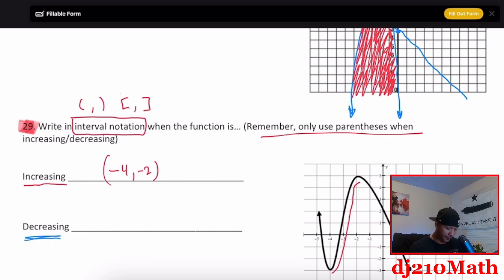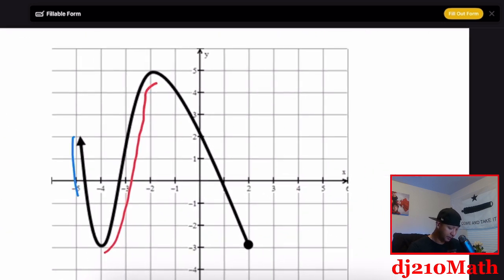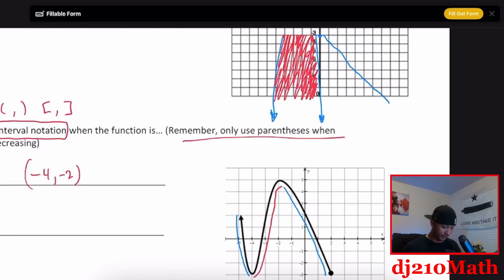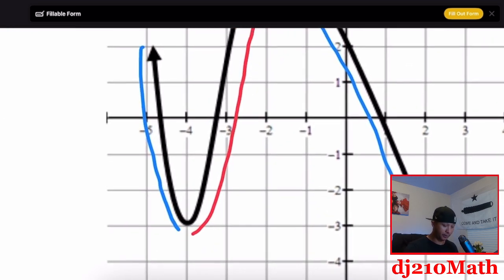The decreasing part, again moving from left to right, there's two downhill parts. So I'm going to have two answers. One interval is going to be from -infinity up to -4, because that's where this first downhill portion ends.